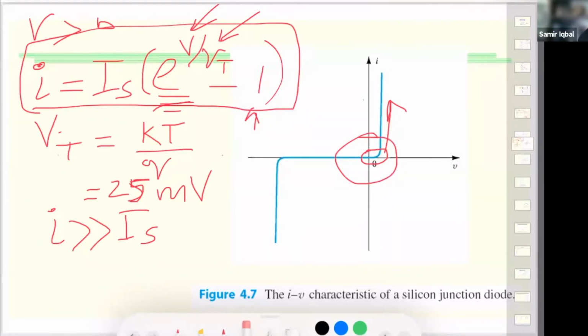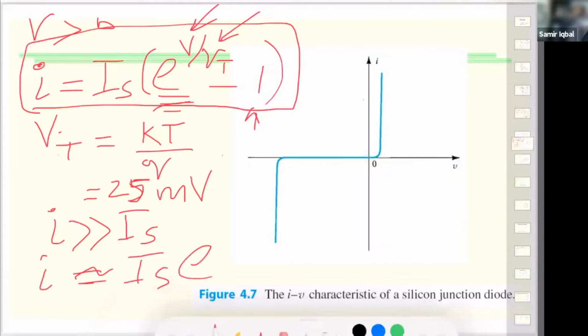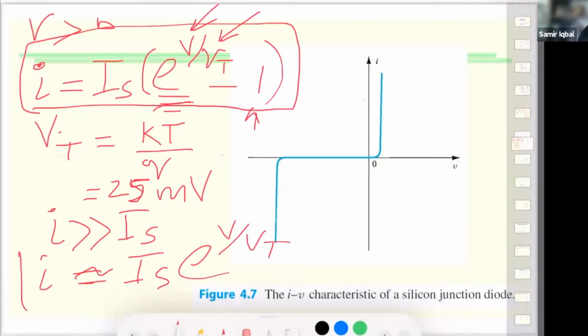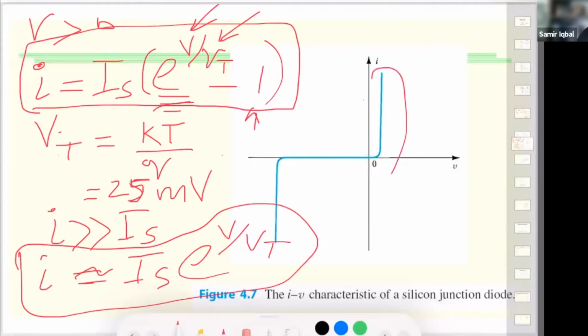But we can ignore it because the exponential region is much bigger. So we can just write it as I almost equal to IS e to the power V divided by VT, and that makes the rest of our analysis much easier. So we're talking about forward bias right now, and this relationship is good for many decades of current.